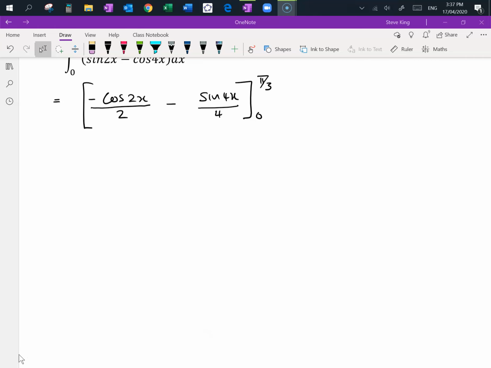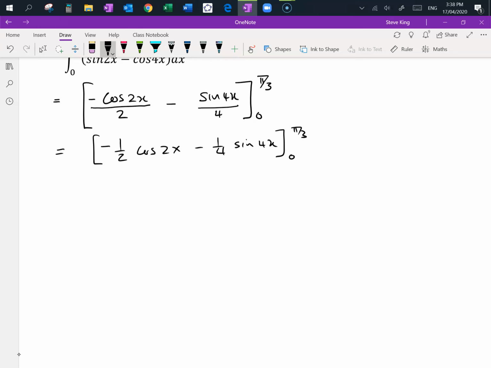So what have I got here? I've got minus a half cos 2x minus a quarter sine 4x, and that's going to be between 0 and pi over 3.